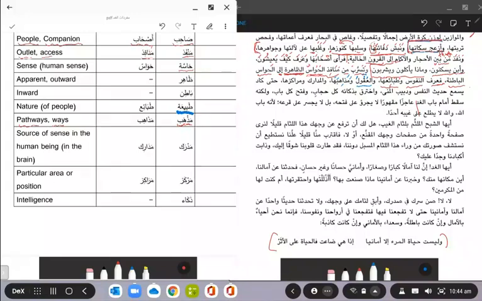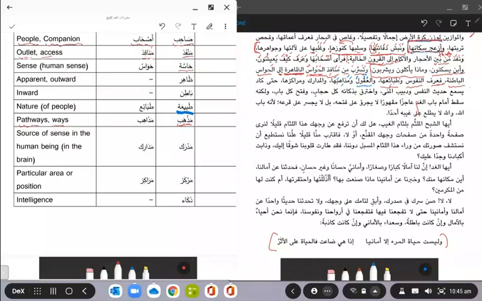If you've memorized your sarf table, you will go like this: ذهب يذهب ذهبا, the masdar. فهو ذاهب, ذاهب is the ism fa'il. مذهوب is the maf'ul. And then ism zaman wa makan is madhhab, just like masjid.